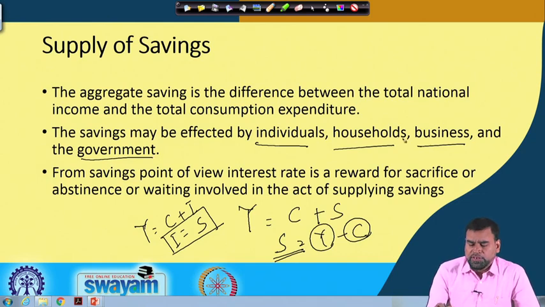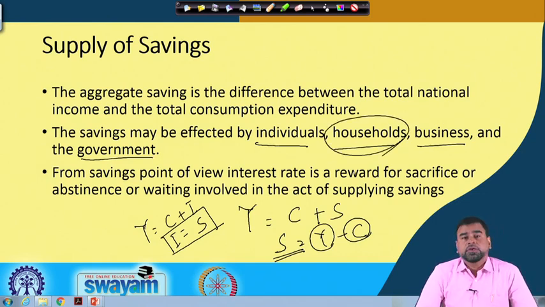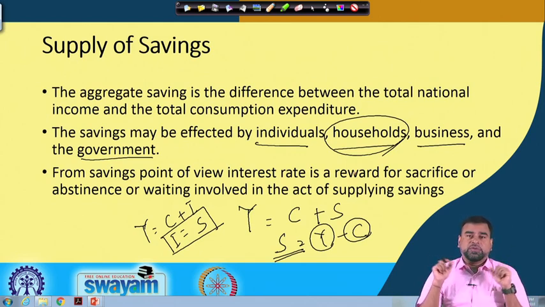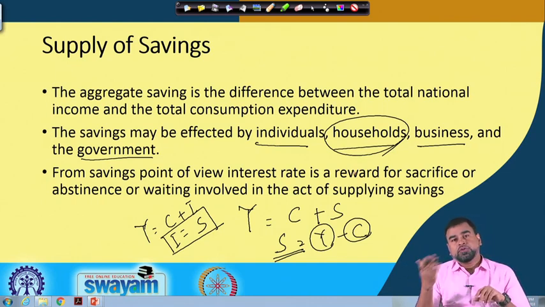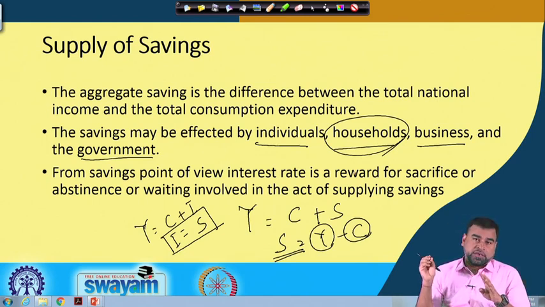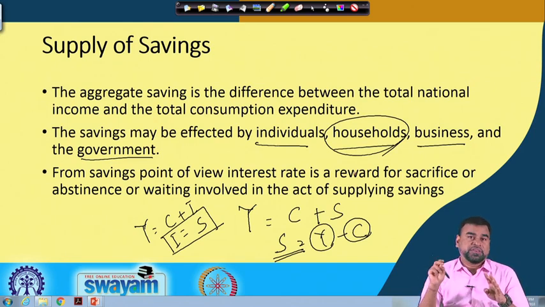Mostly the savings come from the household sector, because the business sector is known for more investment and the household sector is more known for savings. The household sector saves the money and that money goes to the business sector for investment, and whenever saving-investment equality happens, at that particular point the equilibrium interest rate is determined in the market.